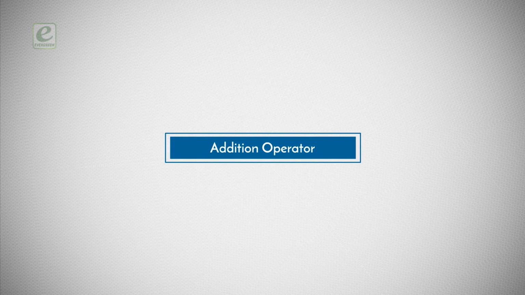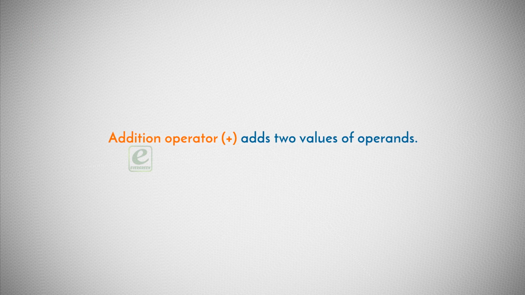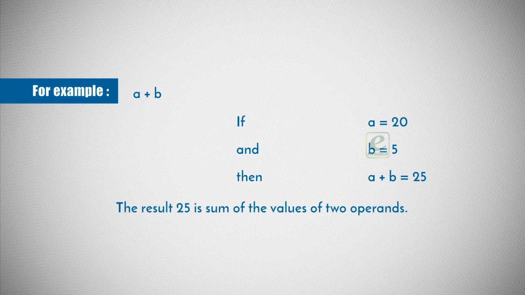Addition operator. The addition operator plus adds two values of operands. For example, a + b. If a = 20 and b = 5, then a + b = 25. The result, 25, is the sum of the values of two operands.